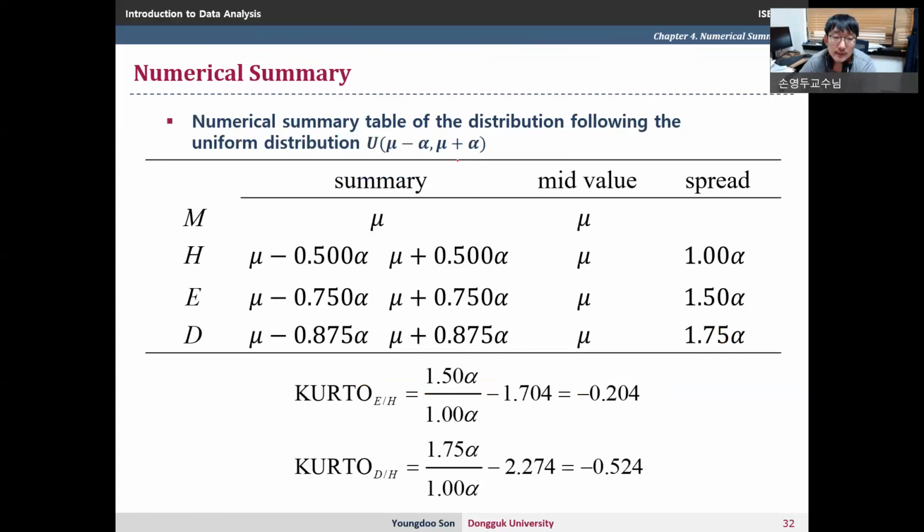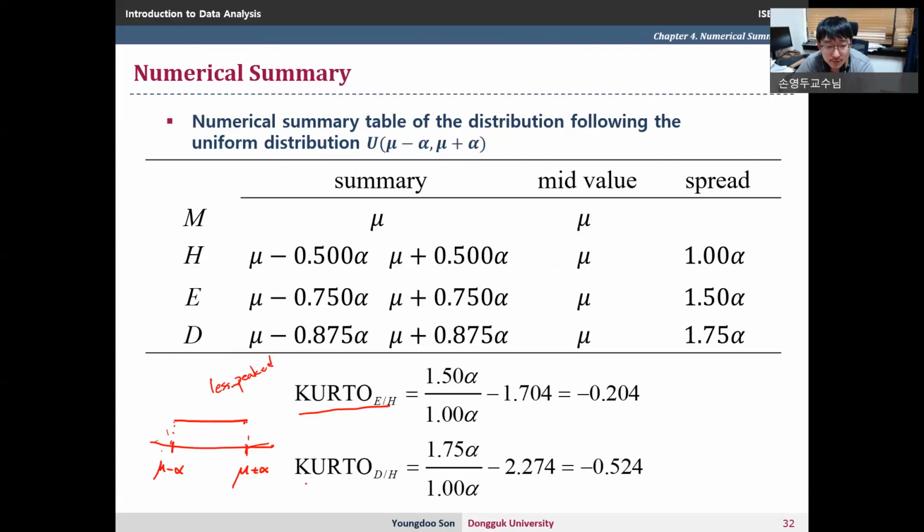This is the example for the uniform distribution, from mu minus alpha to mu plus alpha. So this is the normal uniform distribution, and we can easily find that this uniform distribution is less peaked compared to the normal distribution.